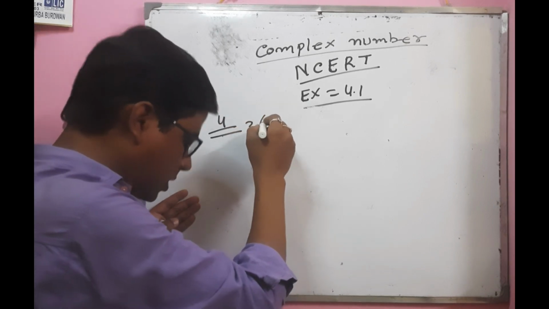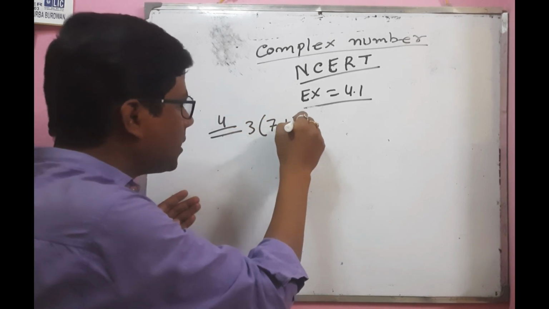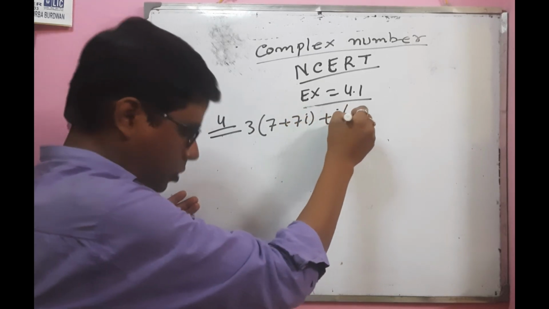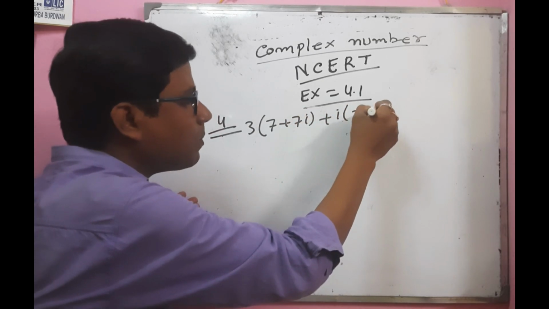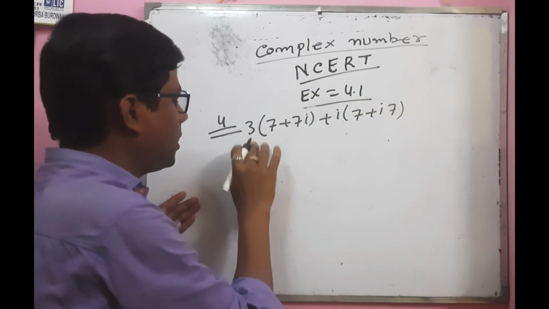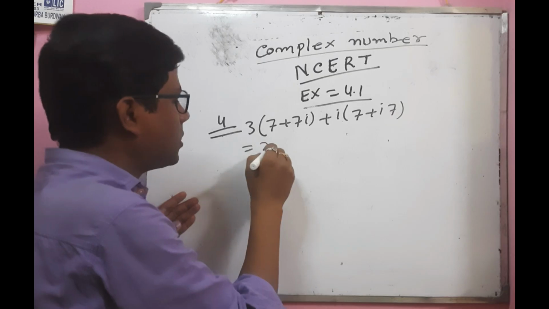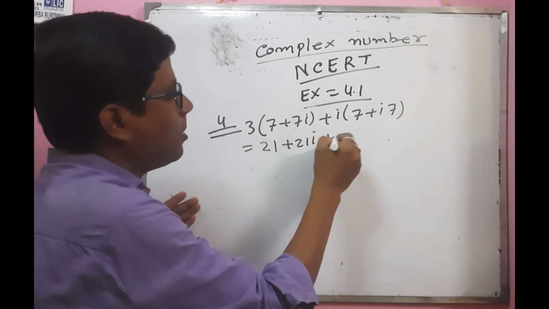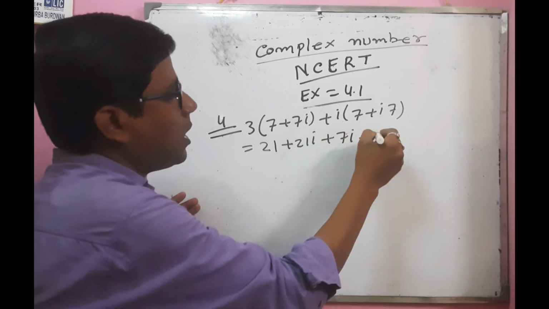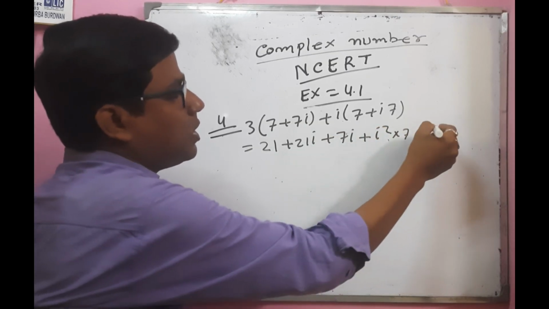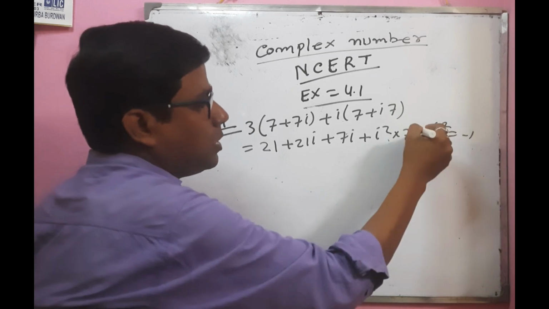Fourth is 3 times of 7 plus 7i and i times of 7 plus i7. Multiply with 3, then we get 21, 21i, 7i and i square of 7. We know that i square is equal to minus 1.